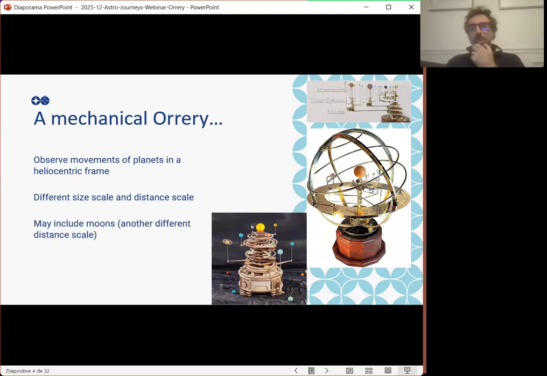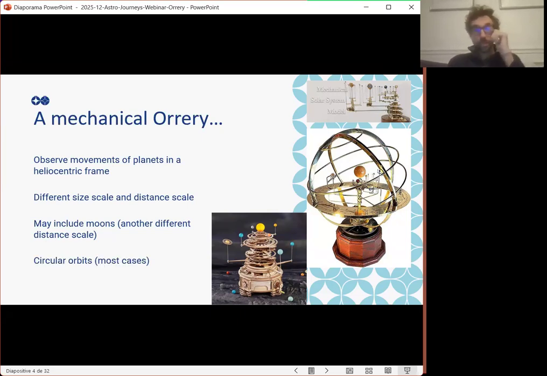Some mechanical orreries include moons. Like the one on the top, you have moons around Jupiter. And this one, you can see the moon around Earth. And this one has no moons. And of course, again, if you have moon, you need to use a different distance scale, because otherwise the moon is at the same place as the planet, if you use the same distance scale for the solar system and for the planet and moon system.